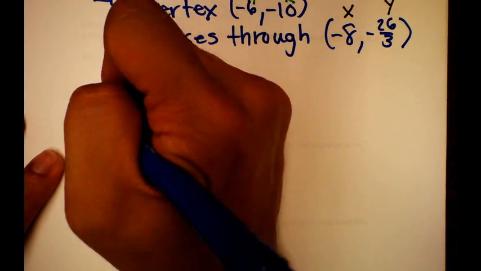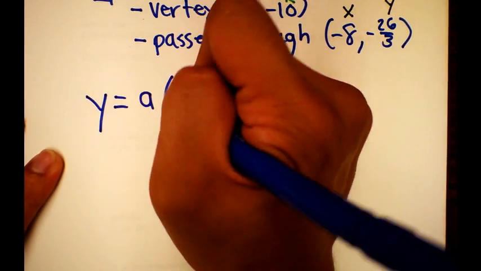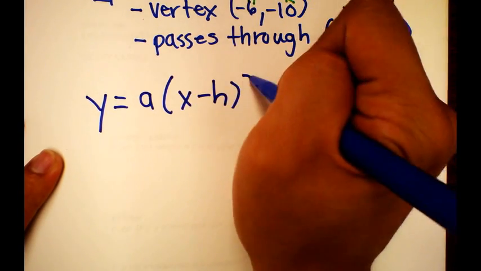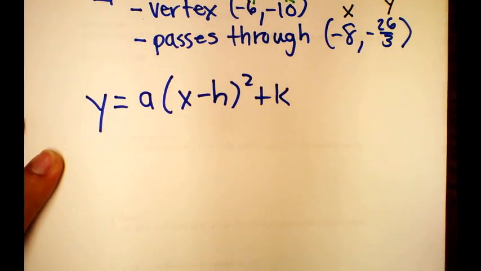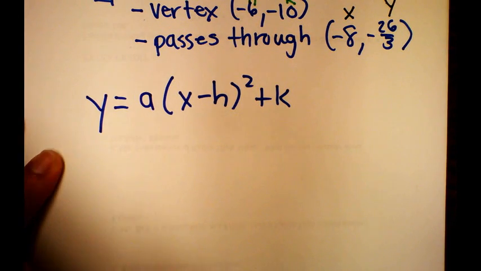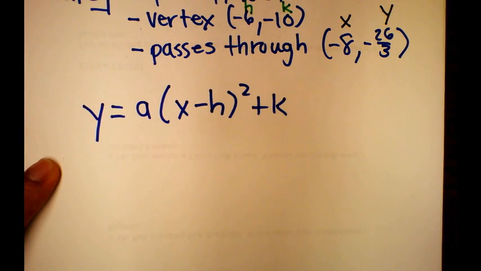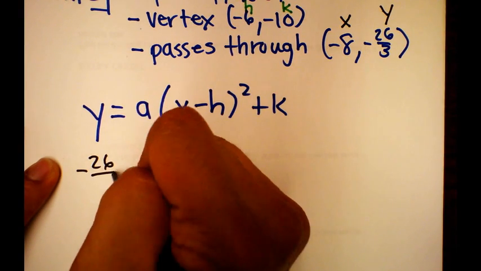So let's write that. y is equal to a parentheses x minus h squared plus k. Okay, we've already labeled what y was. It was -26/3, so let's put that in there.